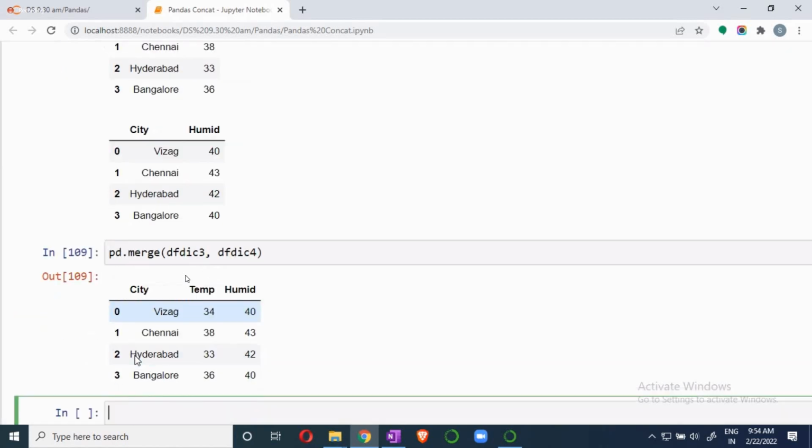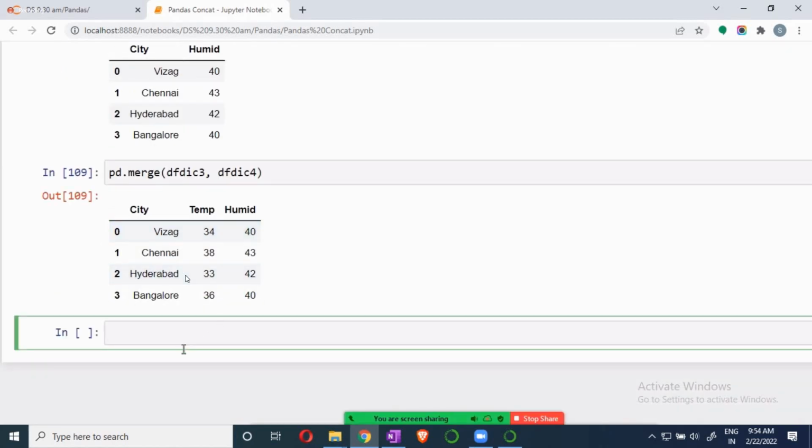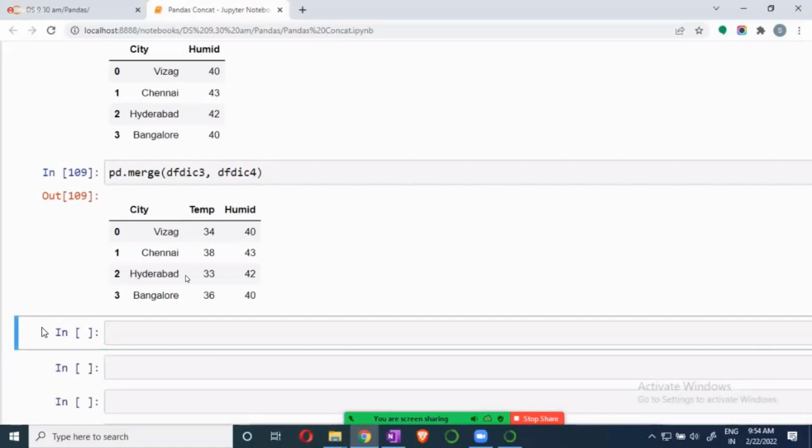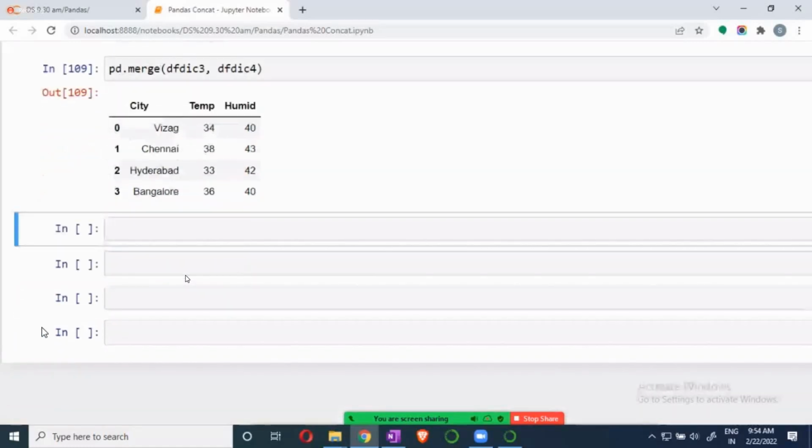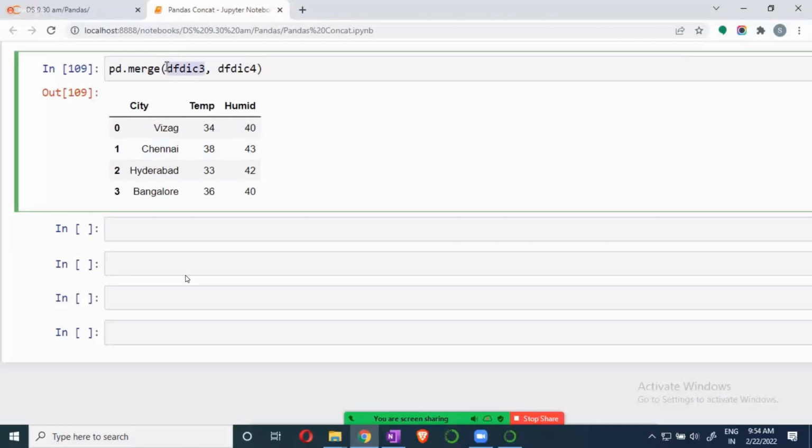If I'm merging it now, just imagine that you don't have any information about this. Usually there will be a lot of data, thousands and lakhs of records. Now just imagine df_dic3 is having 1 lakh records and df_dic4 is having 1 lakh records. When you merge it, how many will you get? 2 lakhs.